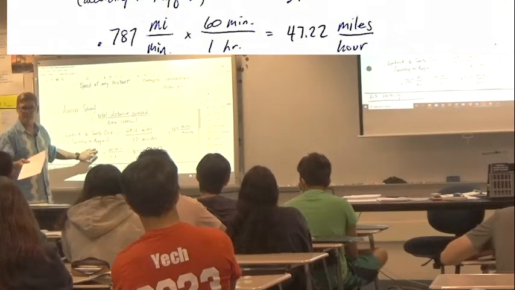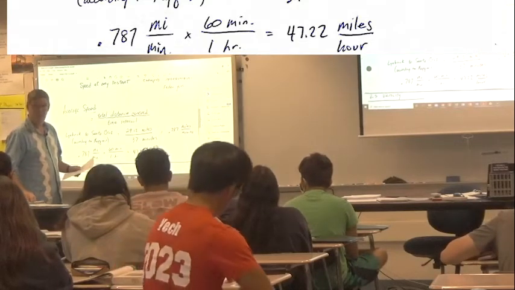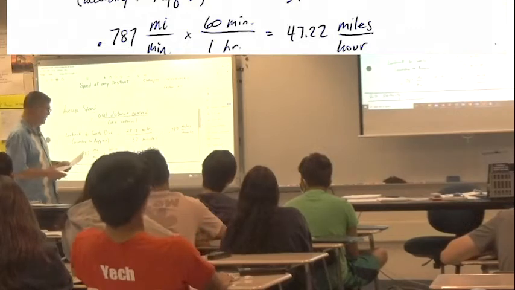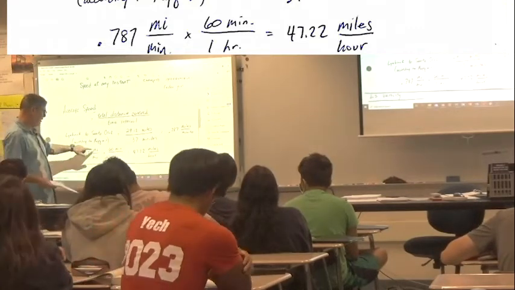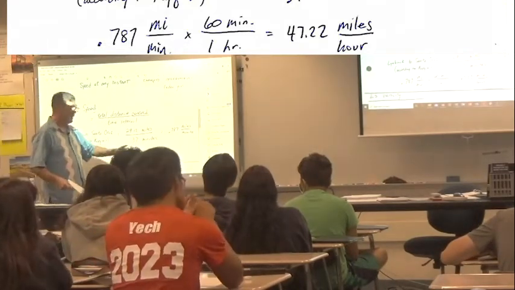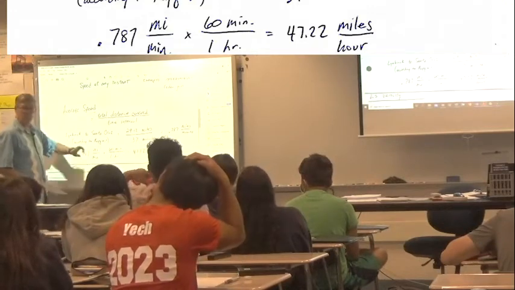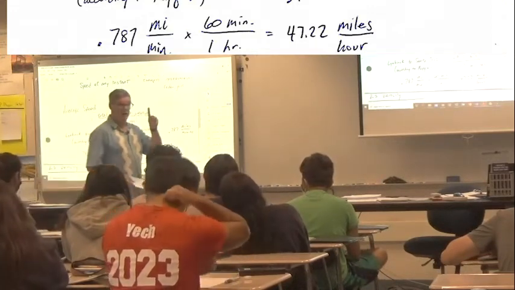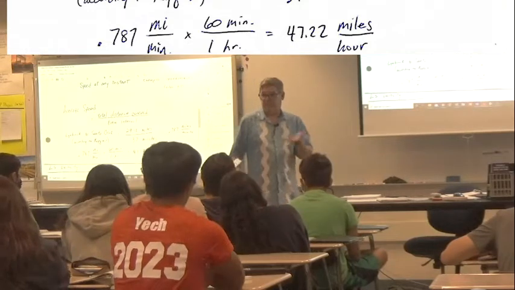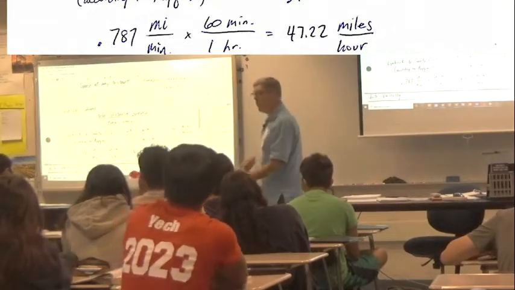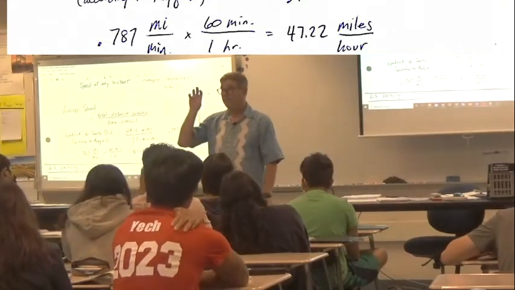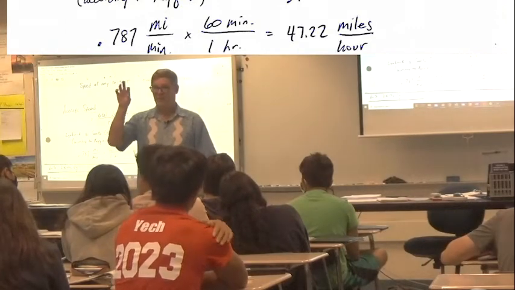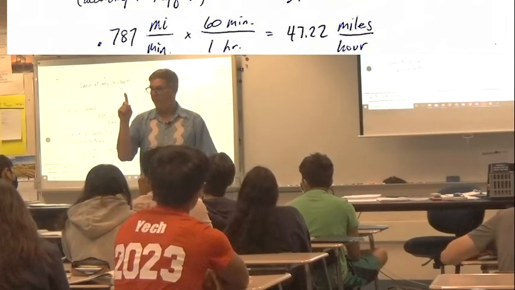If you took chemistry, you're aware of unit conversion. This is what we call a unit conversion. I want to convert miles per minute to miles per hour. Whenever you multiply something by the number 1, it doesn't change, right? It stays the same. And what equals the number 1? Any fraction where the numerator is the same as the denominator is the number 1, isn't it?